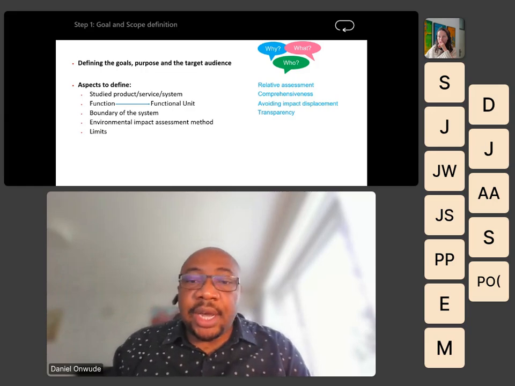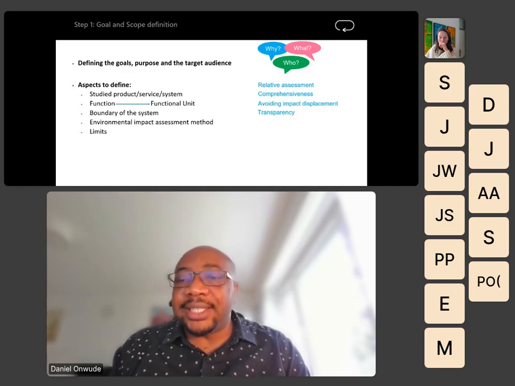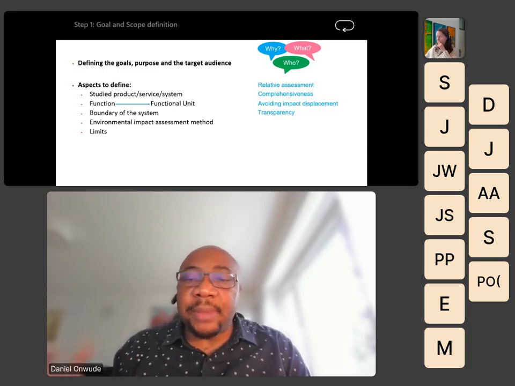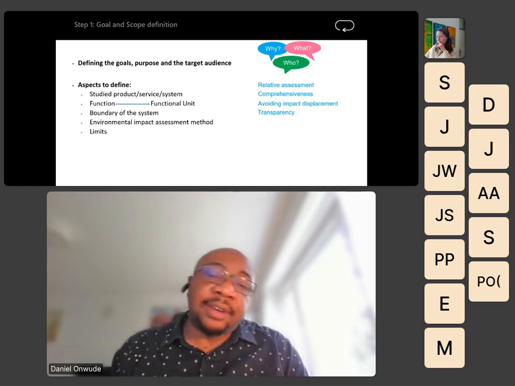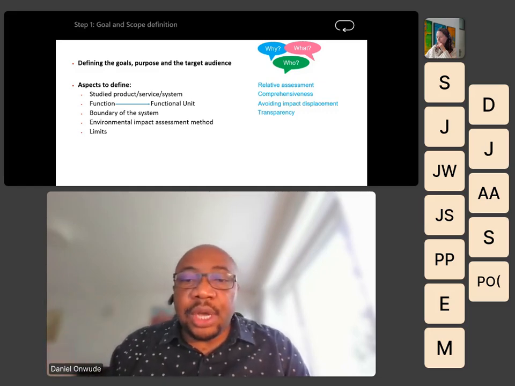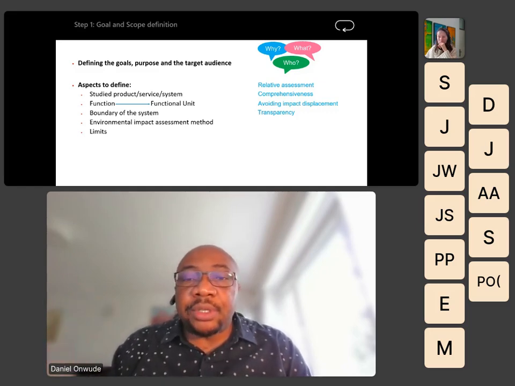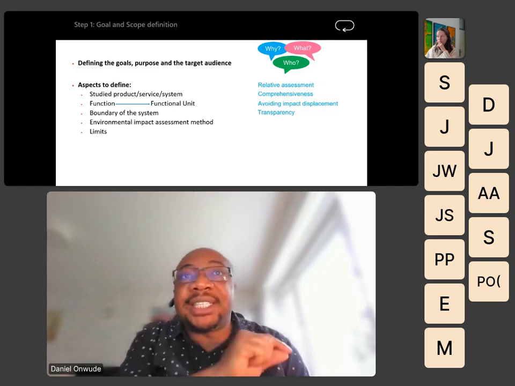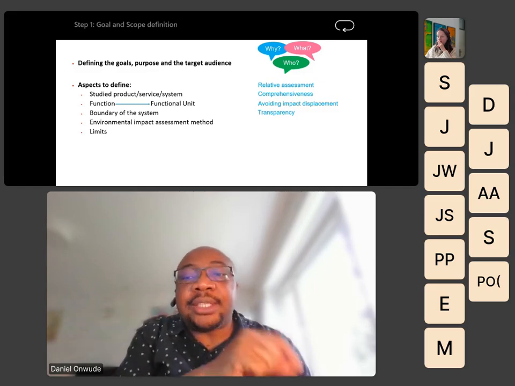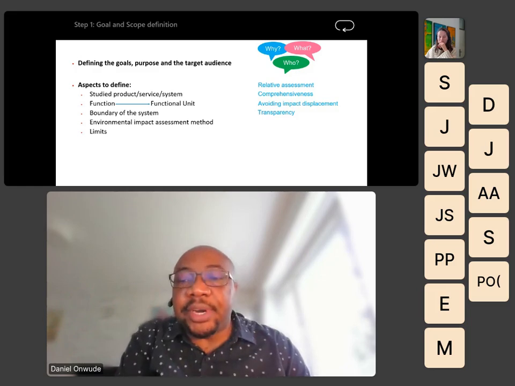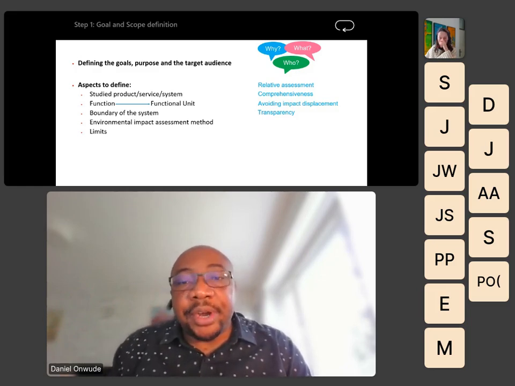And then finally, you have to define the limits. So what's excluded? For instance, excluding minor packaging components, or if you have data gaps. So these are the things you also mention, right? But just to say that by defining this clearly, your LCA approach becomes more transparent, consistent, and then comparable.